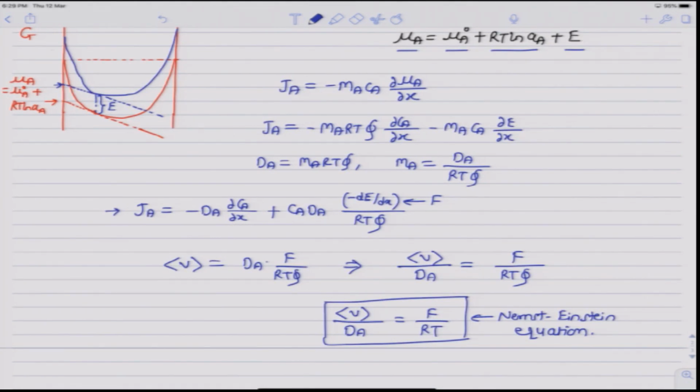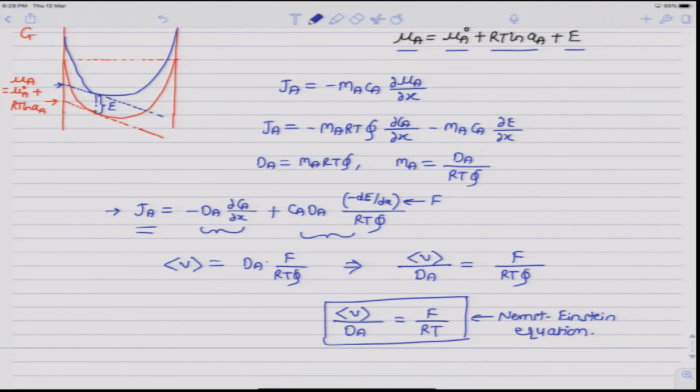What is the significance of this Nernst-Einstein equation? If we go back to the equation for flux here, for defining the Fickian term, of course we need the diffusivity DA, but to get the drift term also we need the diffusivity term DA.